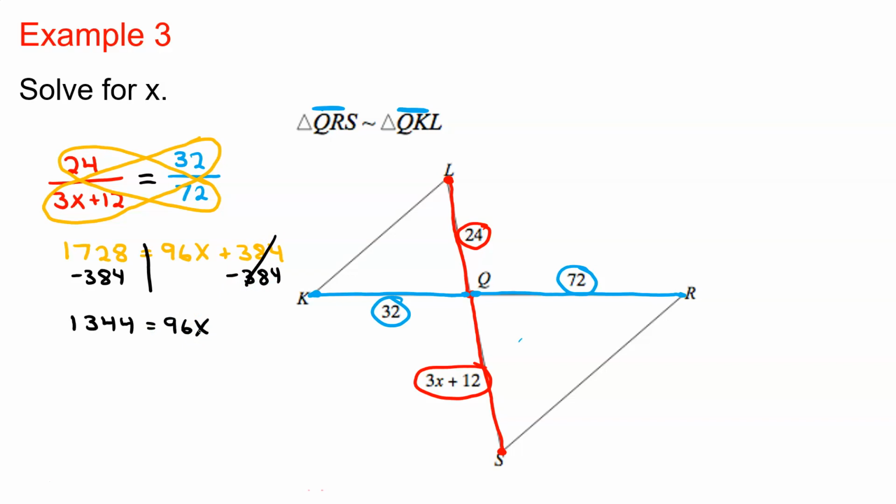The last thing we're going to do here is go ahead and divide by 96. Divide by 96. Let's see if that actually divides nicely. It does. 1,344 divided by 96 gives us 14, and 14 is equal to x. That is our final answer.